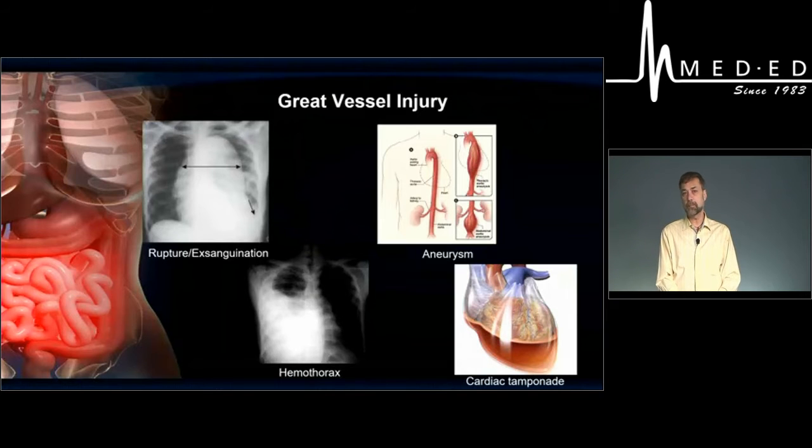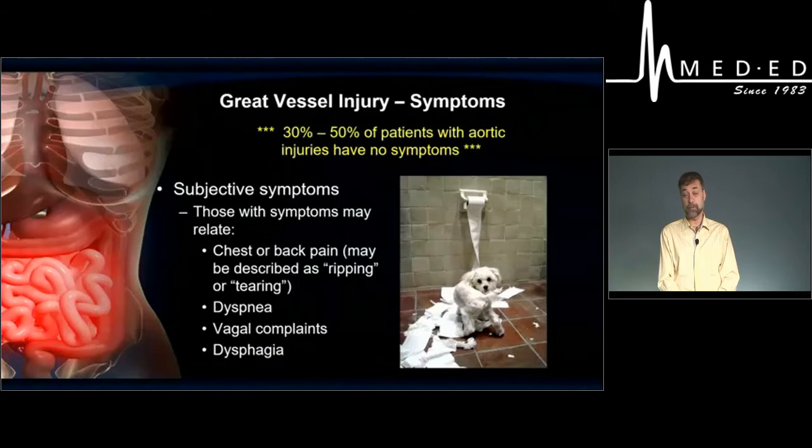As I said earlier, sometimes the aorta doesn't completely rupture, so you're not going to get the widened mediastinum, but what you may get is an aneurysm or a dissection type of injury that may be picked up on the CT scan. And then if there's an injury to the root of the aorta, which is, by the way, a very common place for the aorta to be injured, the root communicates with the pericardial space. So sometimes patients with aortic injuries, again, injuries specifically to the aortic root, can end up with a pericardial tamponade. So those would be some of the injuries that you may see when somebody injures their great vessels.